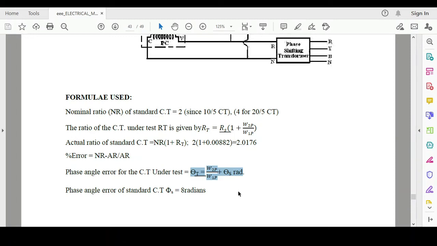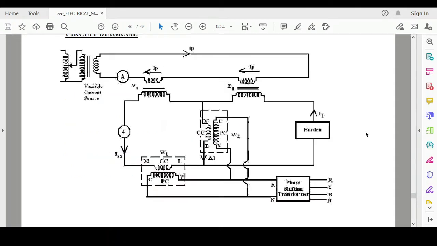First of all, we have to give the connections as per the circuit diagram. Then we have to vary the phase shifting transformer such that our first wattmeter should read 0 value. Then the phase angle between our voltage and current ISS will be 90 degrees.